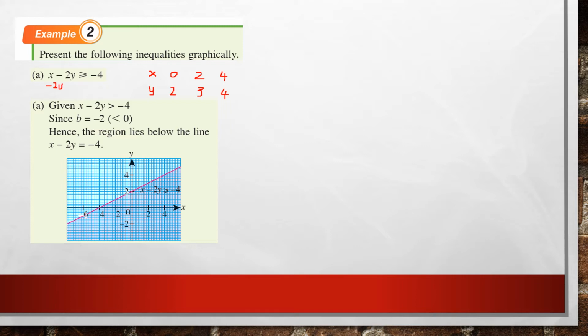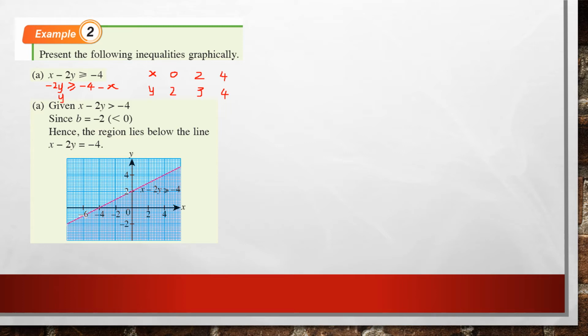Like this: negative 2y is greater than or equal to negative 4 minus x. You need the subject y to be positive. Here your subject y is negative.